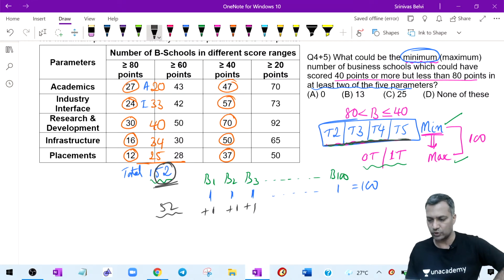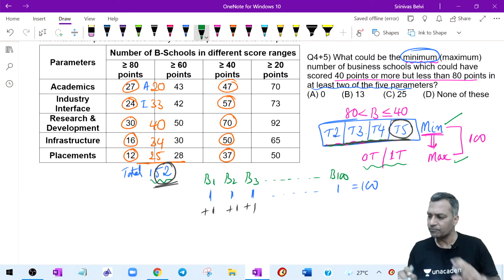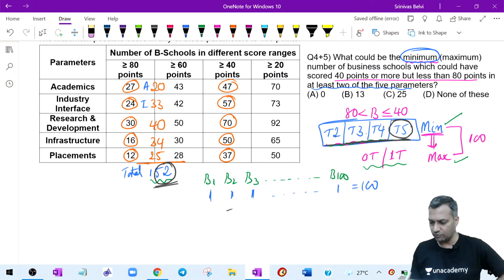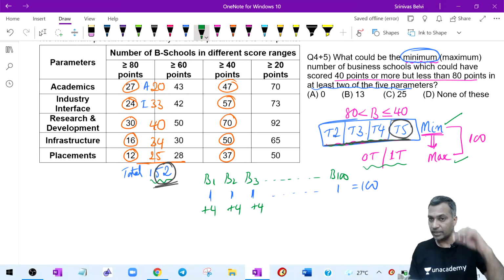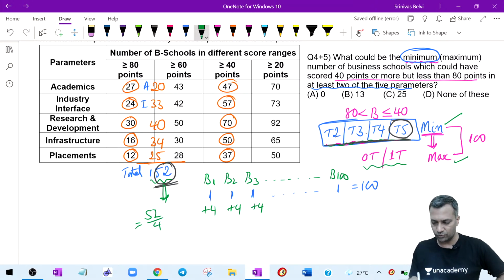Therefore, if I want to minimize the people with two or three or four or five tokens, directly give them five tokens. Don't give anybody two tokens. Five tokens means an additional four each, because you have the pressure of getting rid of these 52 additional tokens. 52 divided by 4, therefore 13 more people.